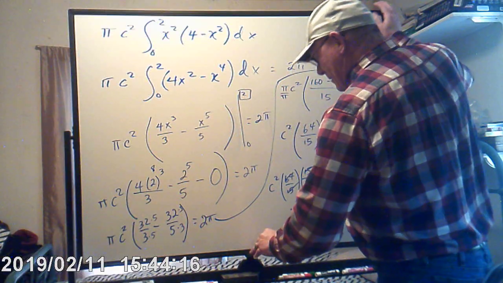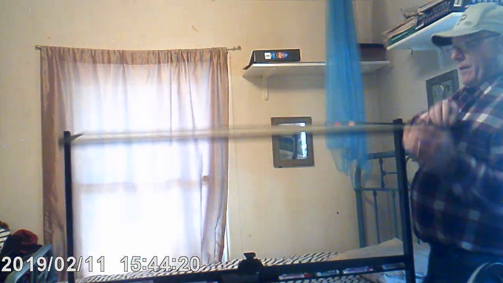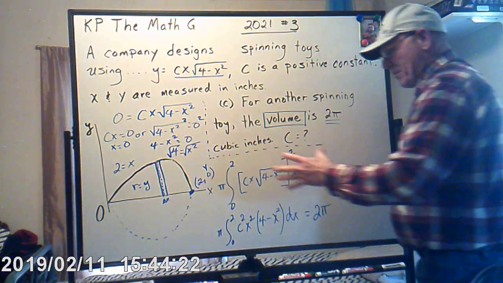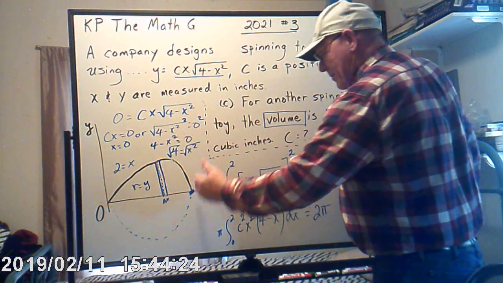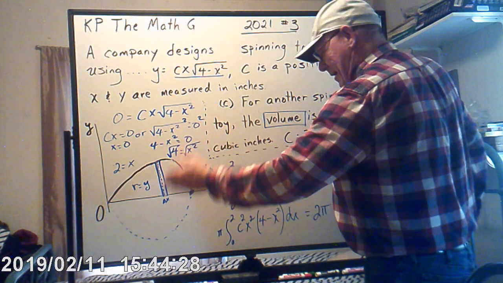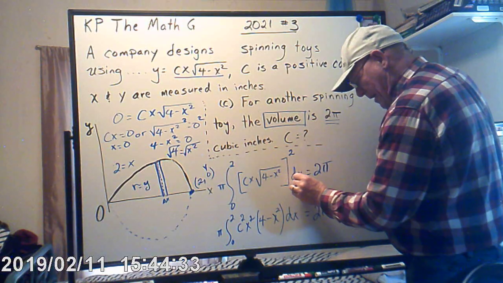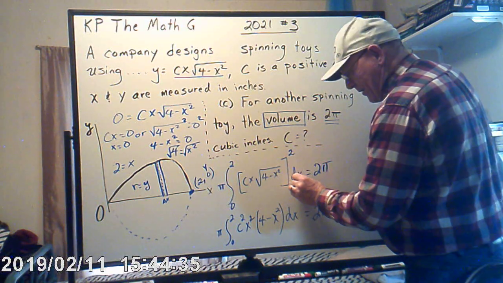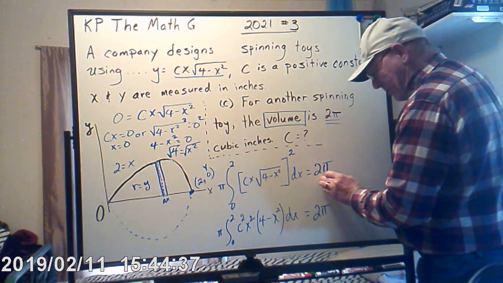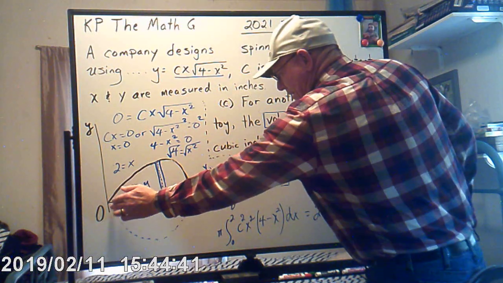The idea is being able to do a couple things here. First of all, recognize that this is a volume of revolution, and this is pi r squared dx right there. There's your volume, and it's equal to 2 pi. Where to get these limits from? Well, you knew this was 0.